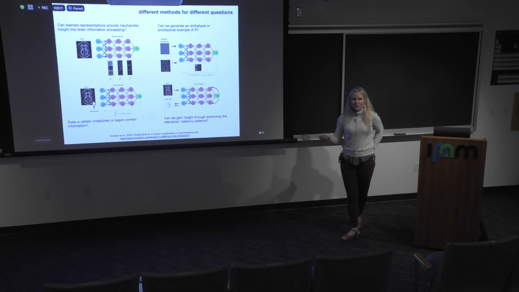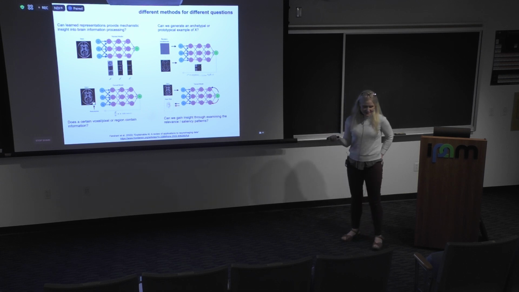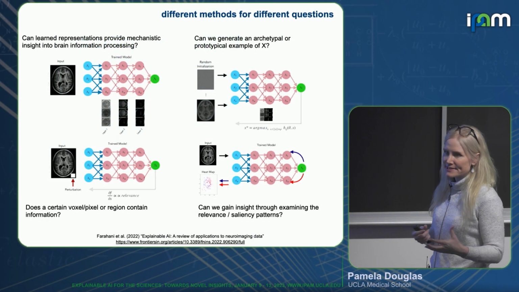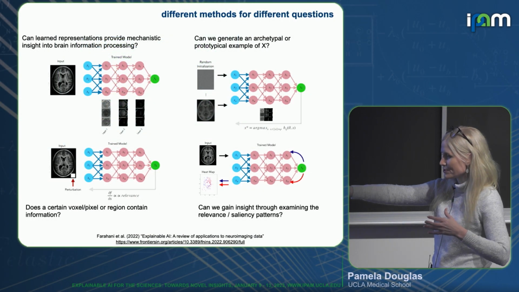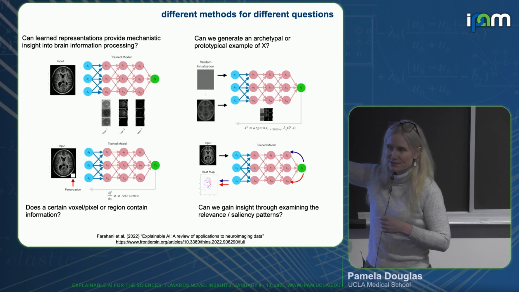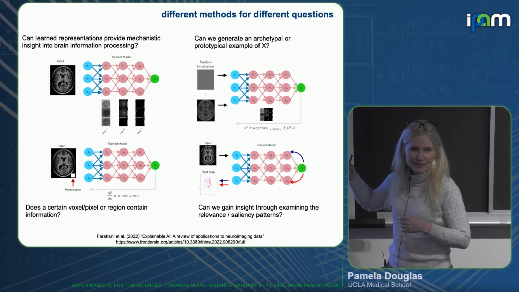So in the neuroimaging world, there's different techniques used to answer different questions. One question might be, can we gain mechanistic insight about brain information processing by looking at the representations learned in subsequent layers of deep learning?